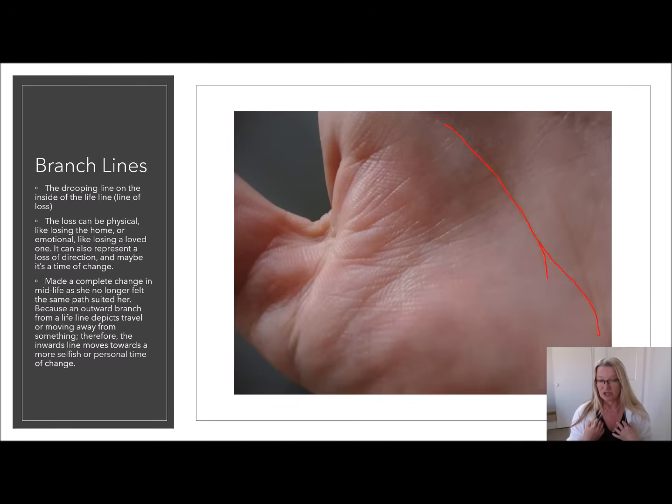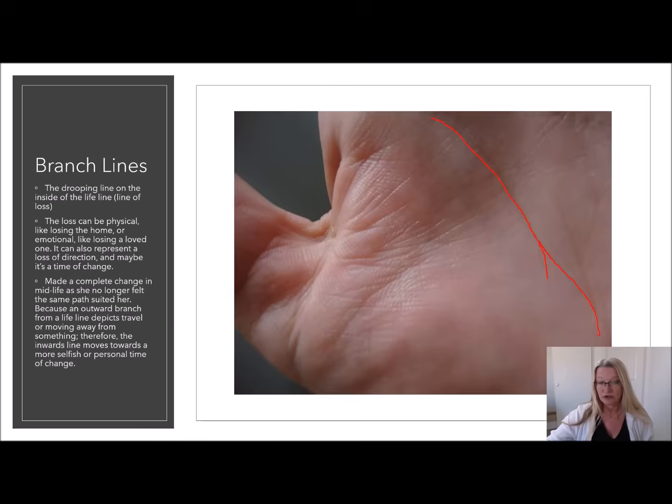A person might be feeling on the inside that it's time for a change. Obviously, we need to look at the other lines to see what's going on, but this particular example will help because this person has this line, and it is a reading I did for a lady who made a complete change near midlife.